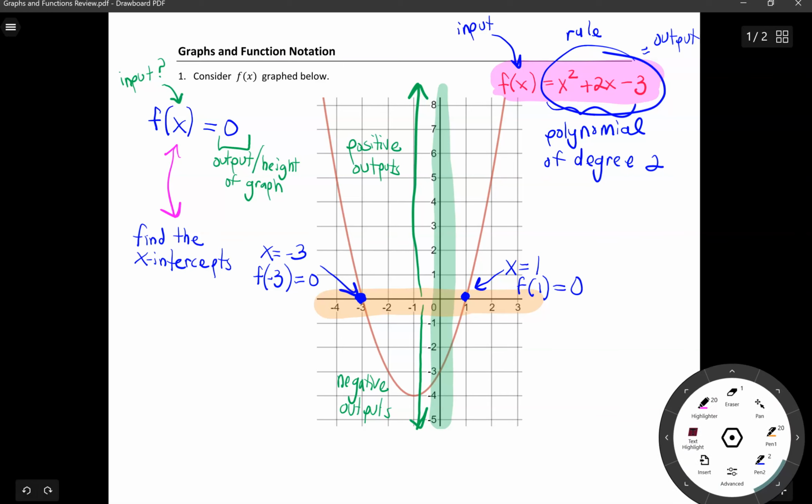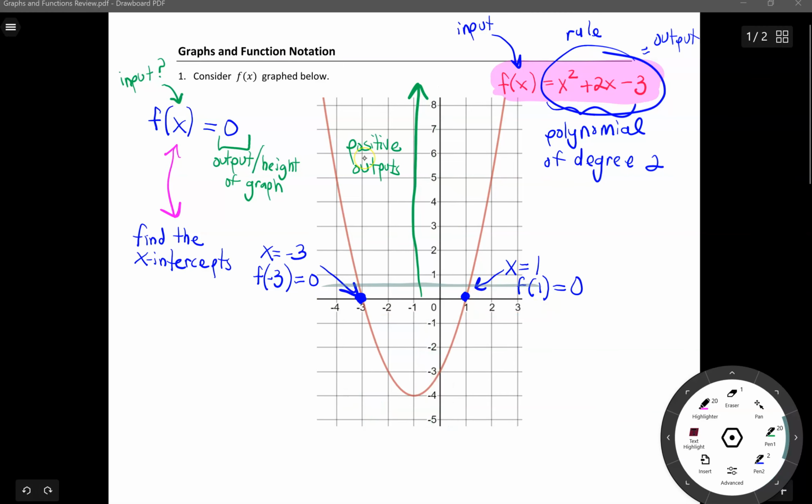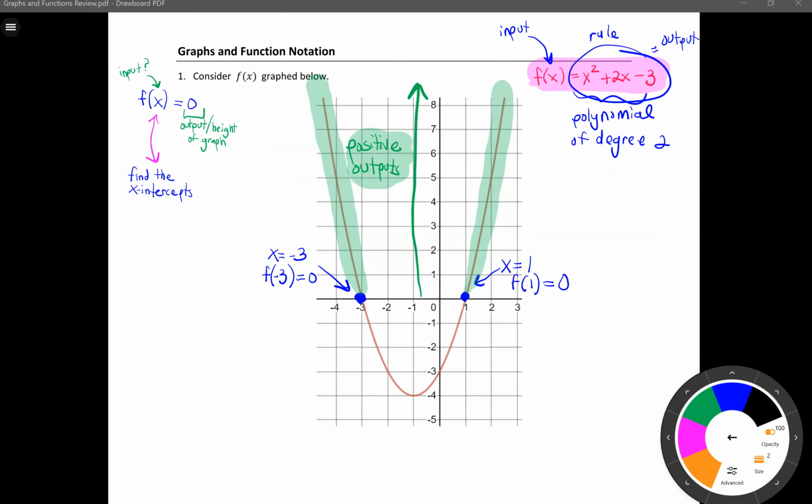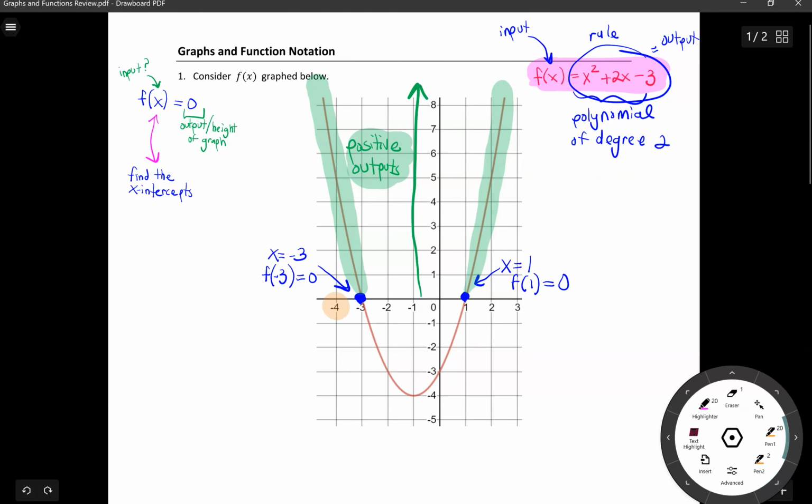Okay, now let's focus in here on these positive outputs. When the parabola is above the x-axis, the outputs are positive. Let's check some points there to see what I mean. Let's input x equals -4 into the function.